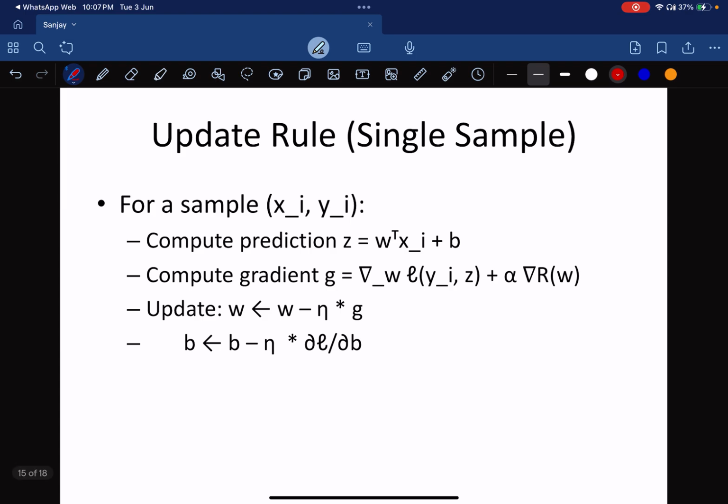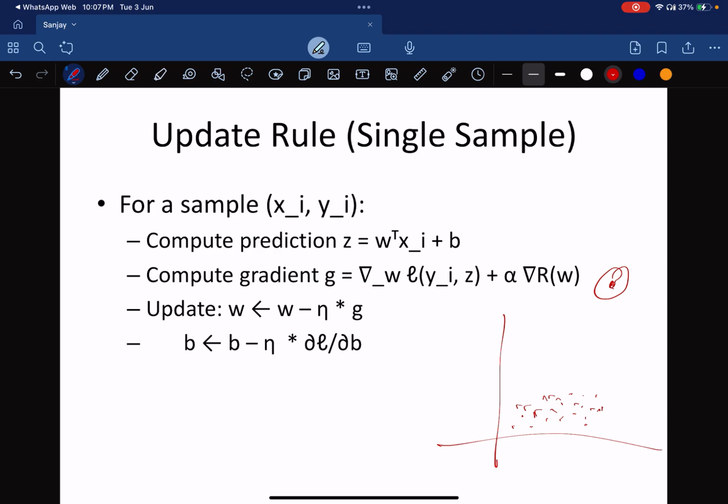For example, the entire data set is here, and if there is an outlier or noise here, updating the weights based on this point is not a good idea. So what the regularization does is find the average of the weights.